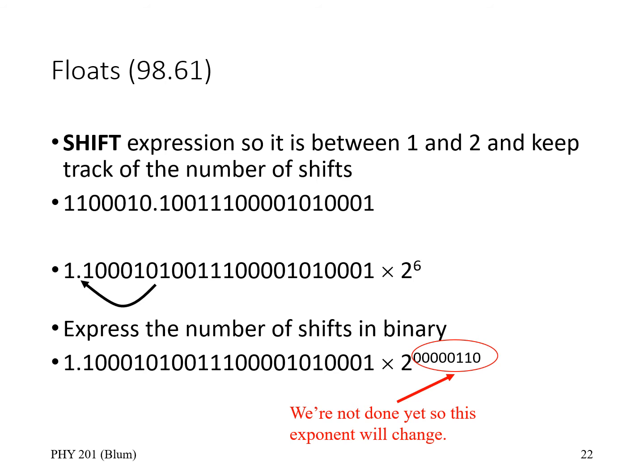And we're shifting it 6 places to the left, so we're making that number smaller. So we must compensate by multiplying by a positive power of 2. So we multiply it by 2 to the 6th. And then we're going to put that 6 in binary. We're not done yet, so that power, that exponent, is going to change before we're done.